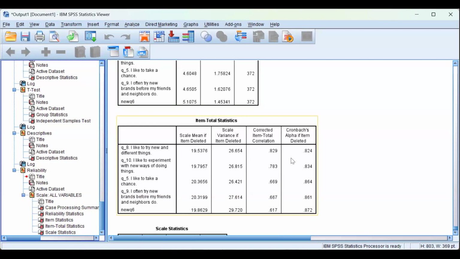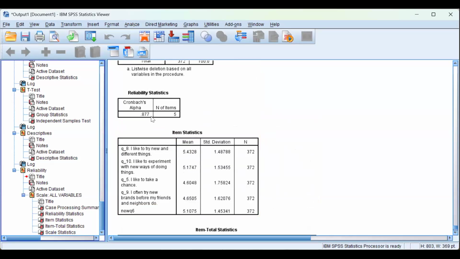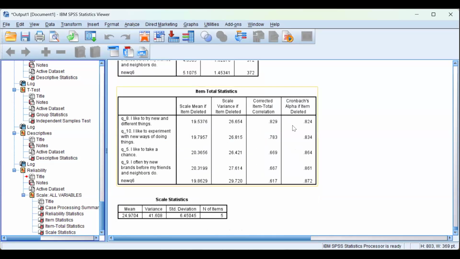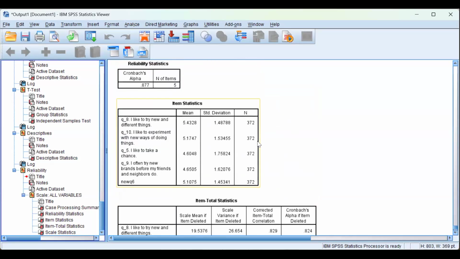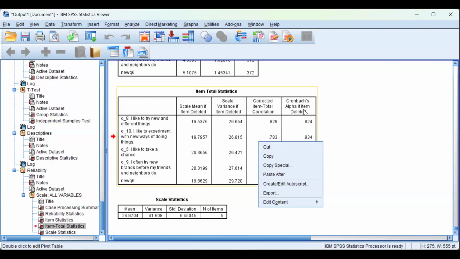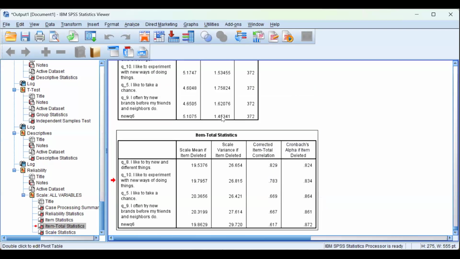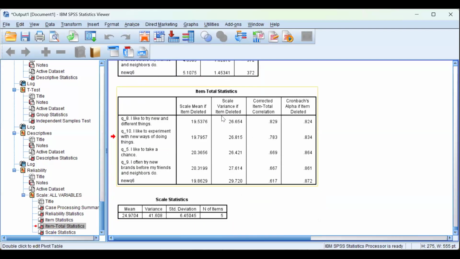You would say, it is saying that if you delete this item 8, then Cronbach alpha will become 0.824. If you delete this item, it will become 0.834. If you delete this, it will be 0.864. In case this is less, then only you have to look at this. In case the value is more than all these Cronbach alpha if item deleted, then you don't have to consider it. But at least check this, right?